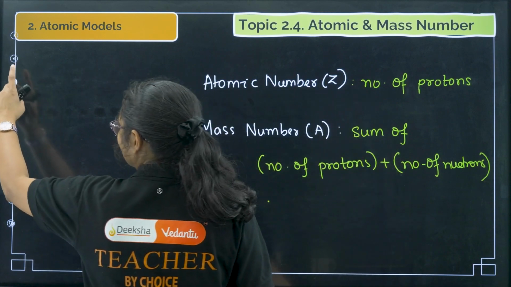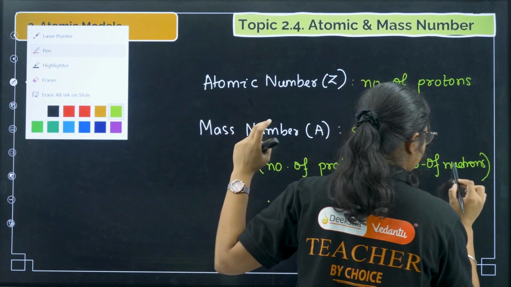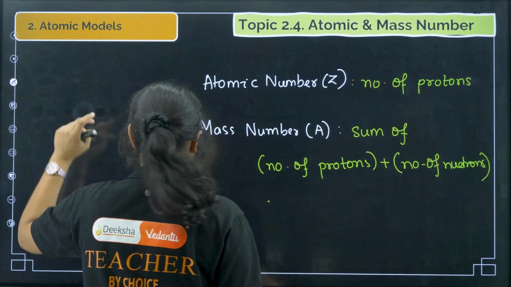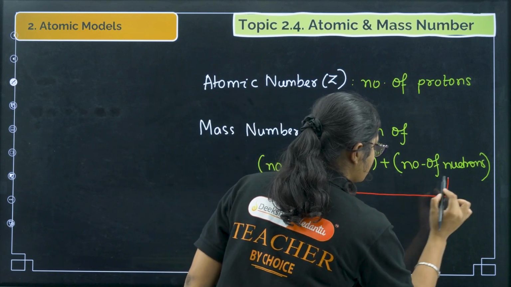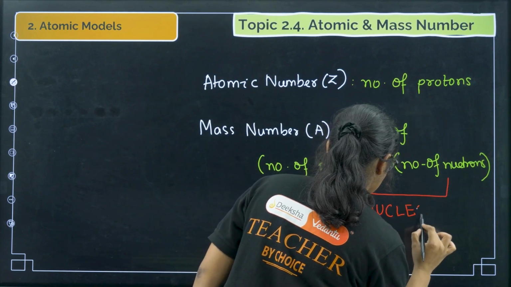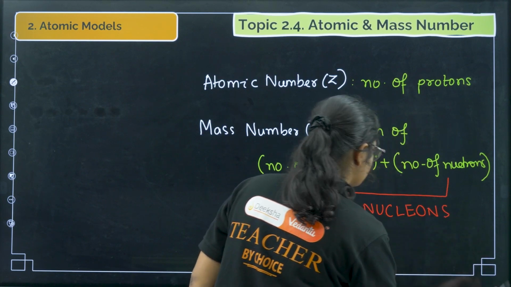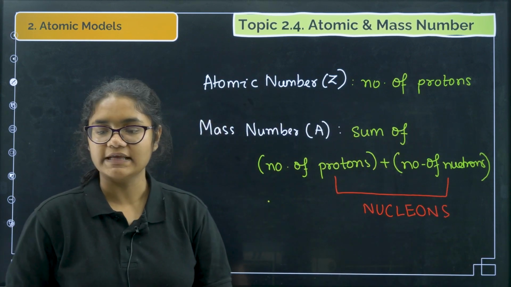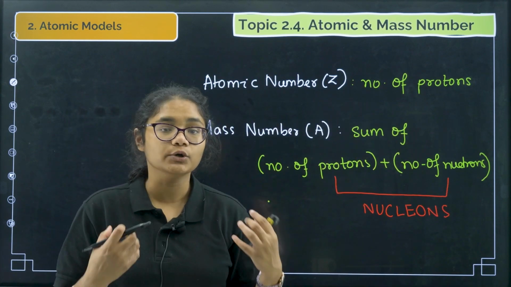Okay, number of protons plus number of neutrons. Now this proton and neutron together are called nucleons. Okay, number of protons and neutrons are called nucleons.